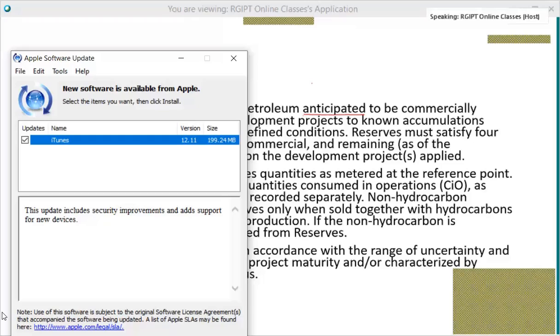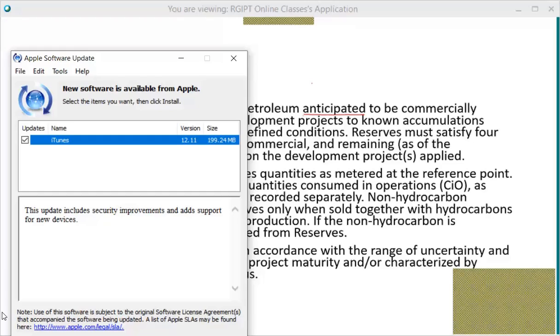So as reserves, these quantities must be recorded separately. Non-hydrocarbon quantities are recognized as reserves only when sold together with hydrocarbons, consumed associated with petroleum production.